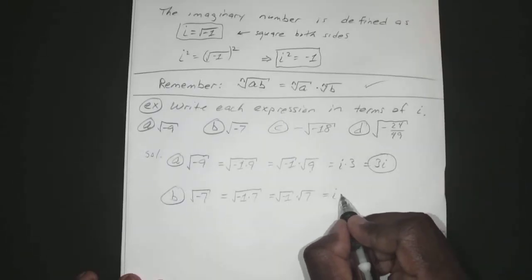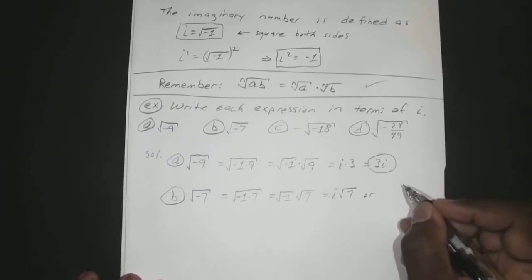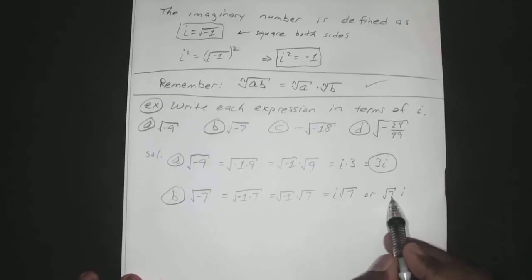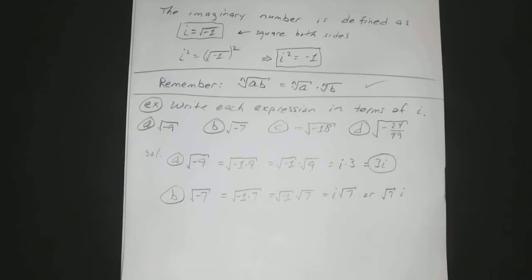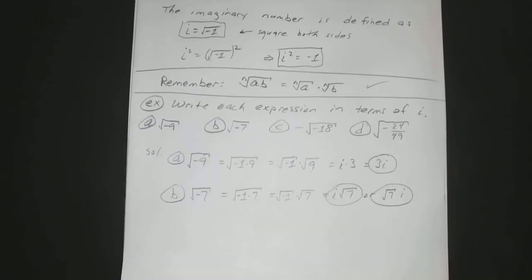So you get i times the square root of 7. Or sometimes they'll write it as the square root of 7 times i. But make sure you put the i on the outside of the square root. But if you did put it in front, it wouldn't be wrong. All right. Any questions so far?